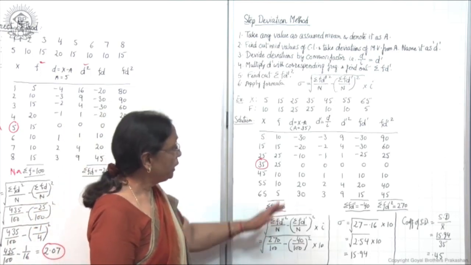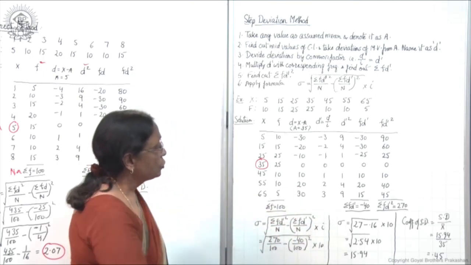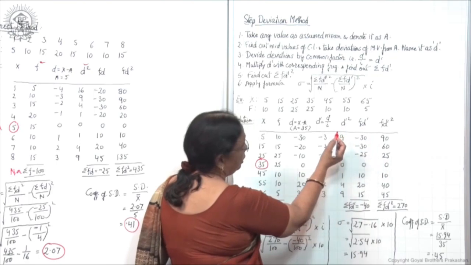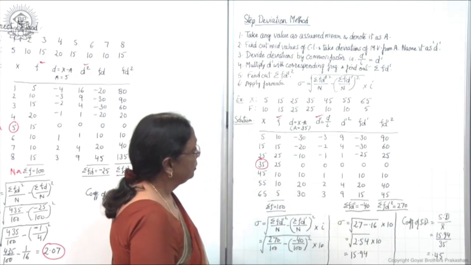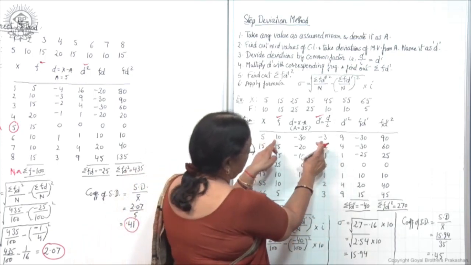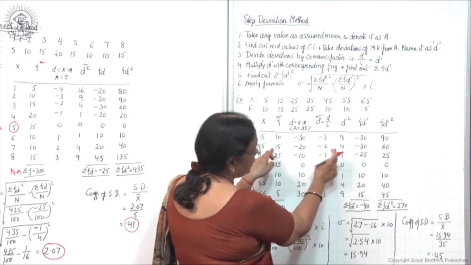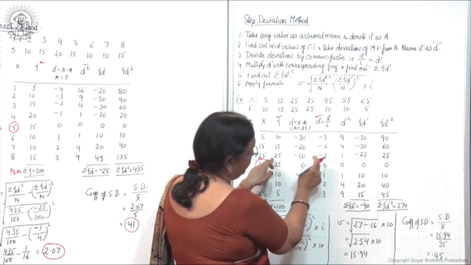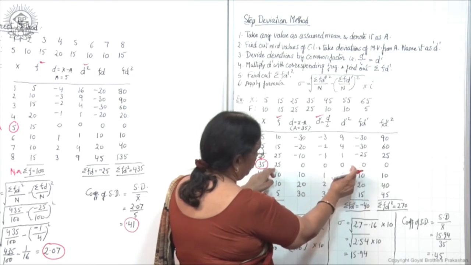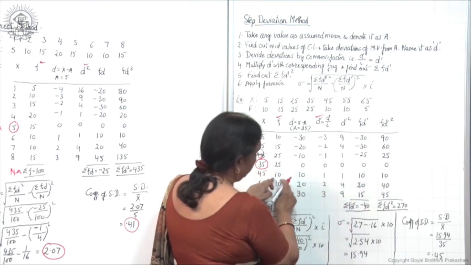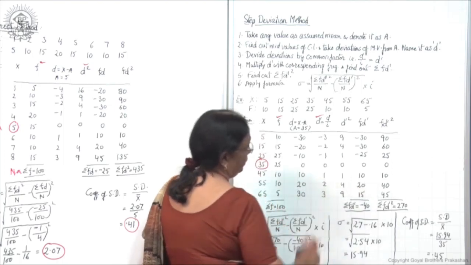Now, you need f D dash and f D dash square as your formula says. For f D dash, you multiply the f column with the D dash column. 10 into minus 3 is minus 30, 15 into minus 2 is minus 30, 25 into minus 1 is minus 25, 25 into 0 is 0, 10 into 1 is 10, 10 into 2 is 20, 5 into 3 is 15.